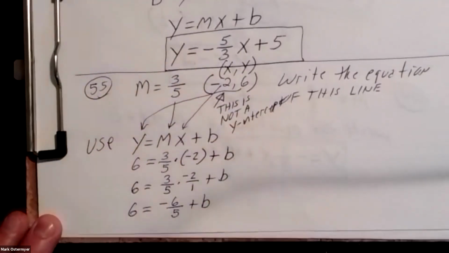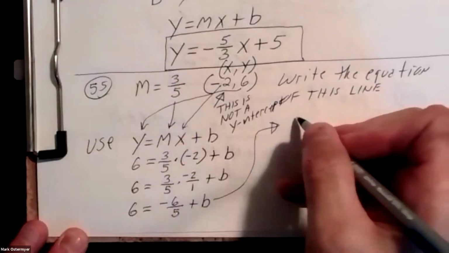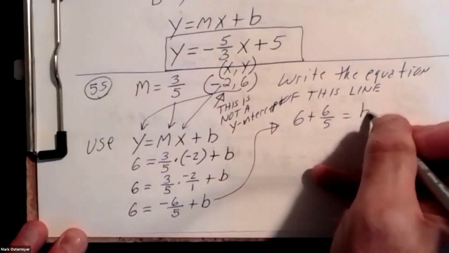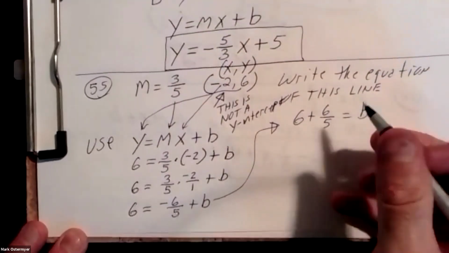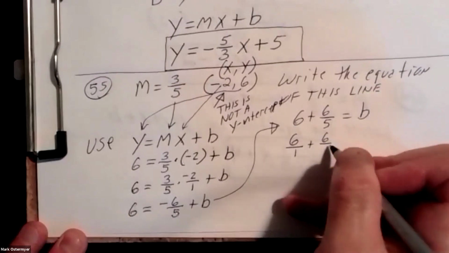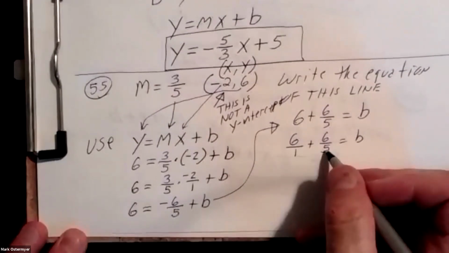How do I solve for b now? Add 6/5 to both sides of the equation. But what's 6 plus 6/5? Well, that's 6/1 plus 6/5. Common denominator of 1 and 5 is 5.